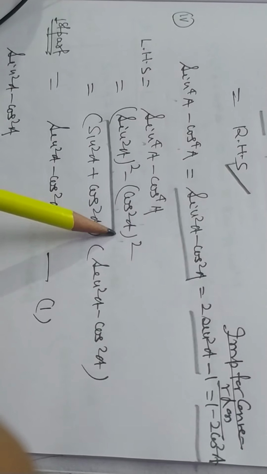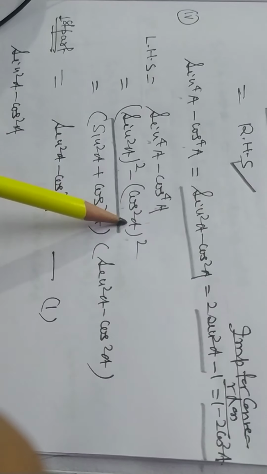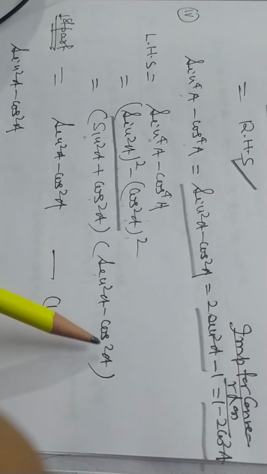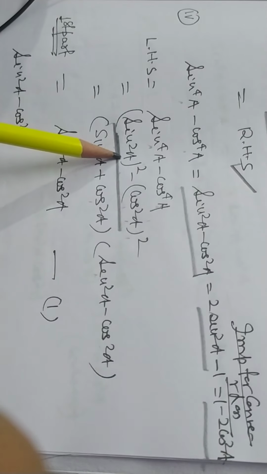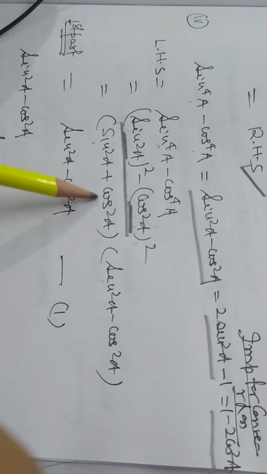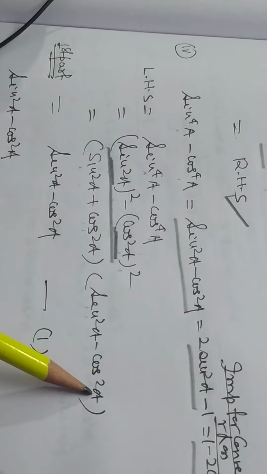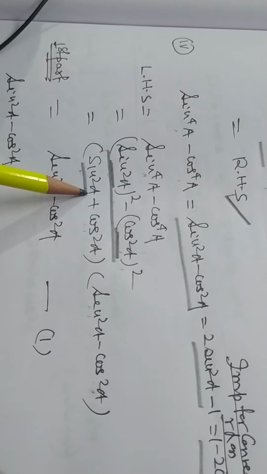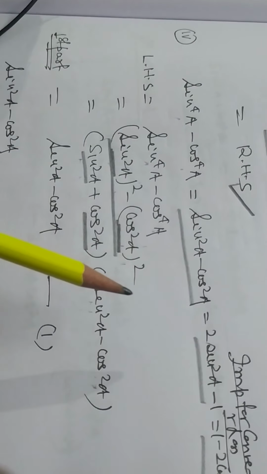And now you do factorization. x square minus y square is (x plus y) into (x minus y). Here x is sin square a and y is cos square a. So it is (x plus y) into (x minus y), where x is equal to sin square a and y is equal to cos square a.